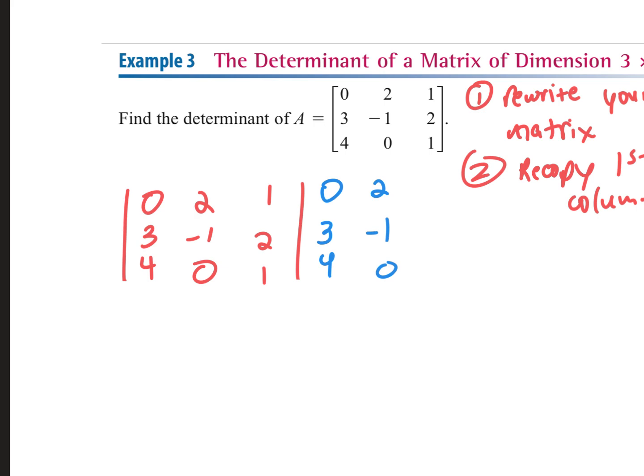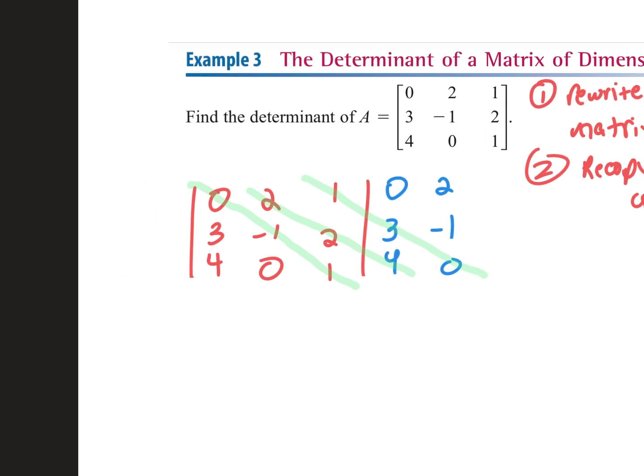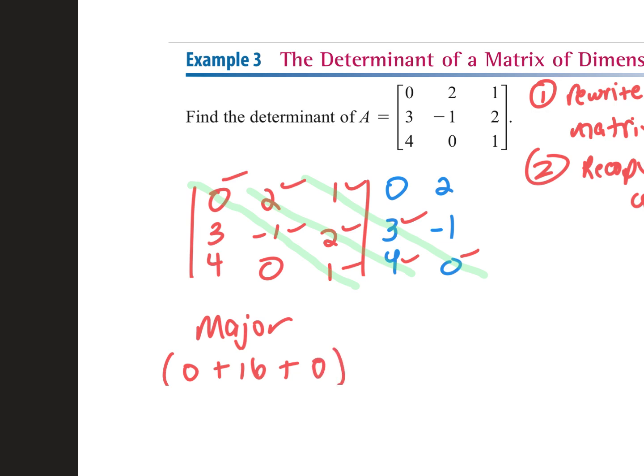Now, the reason we do that is because when you have a 3 by 3 determinant, that means you need 3 numbers in your major axis, and you need 3 numbers in your minor. So I'm going to take right here, top left, bottom right, and there's 1, 2, 3. Those are my 3 majors. So I have 0 times negative 1 times 1 is 0. Plus 2 times 2 is 4 times 4 is 16. Plus 1 times 3 times 0 is 0.